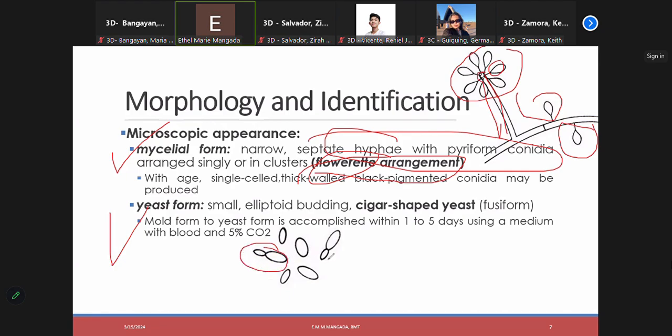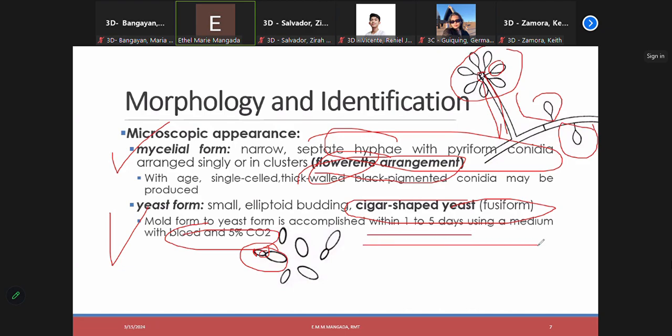And for the yeast form, they are usually elliptoid, with tapered ends. So they are cigar-shaped yeast or fusiform. Sometimes we can grow our mold form into the yeast form by incubating our colonies in a medium with blood and 5% carbon dioxide for 1 to 5 days.